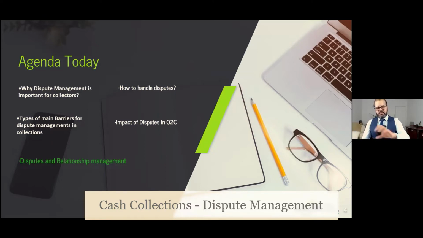So we'll go back into the order to cash process. If you joined my last session, we went through the cycle itself. So we'll go back to that cycle and we'll see how the disputes impact this order to cash cycle. And we'll also look into the very important factor of disputes and relationship management.